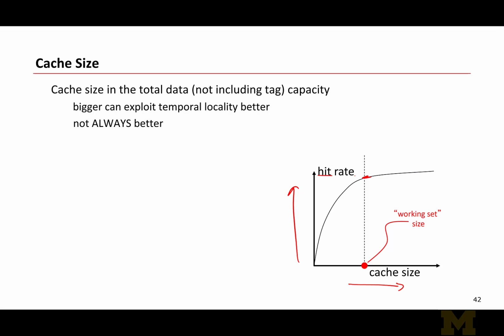There is an inflection point at which increasing the cache size beyond that point doesn't really help you much. And oftentimes this is the size of the working set of the program that you're analyzing. So the working set of a program is the total size of the data that a program accesses in a given time interval, right?